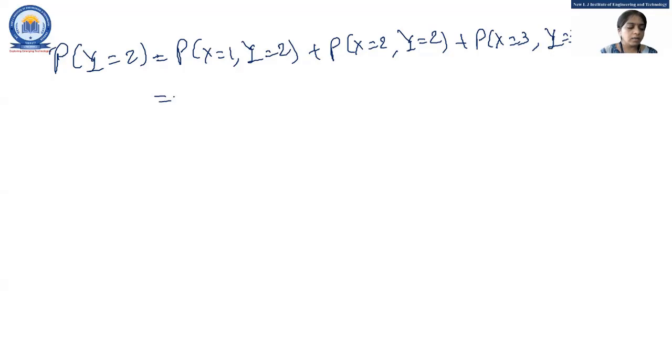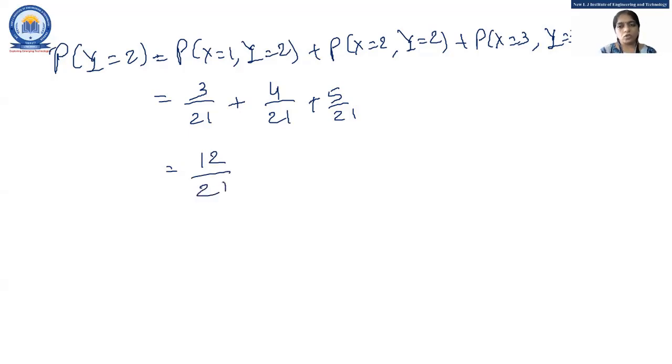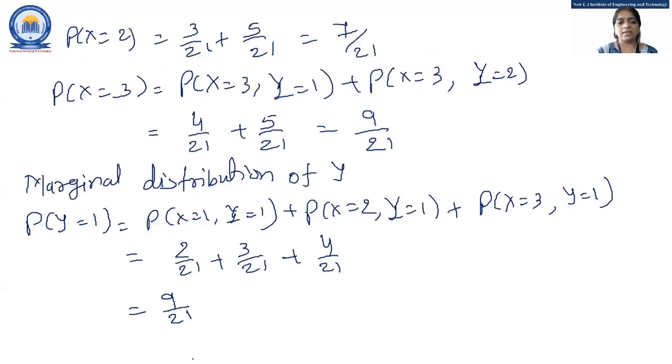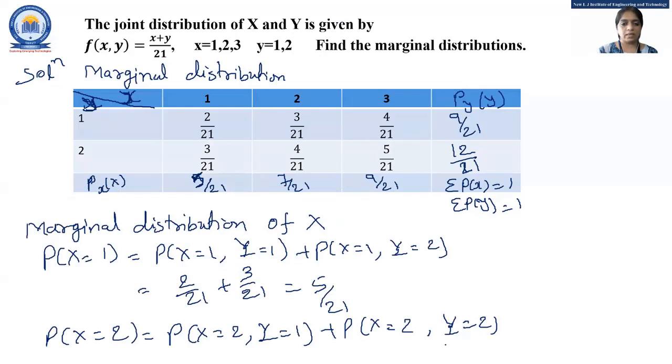Values are 3 by 21, this one is 4 by 21, 5 by 21. And final answer is 12 by 21. So students, these are the marginal distributions from the given data.